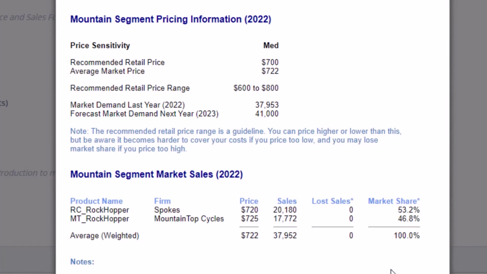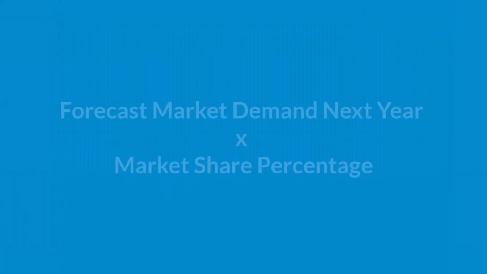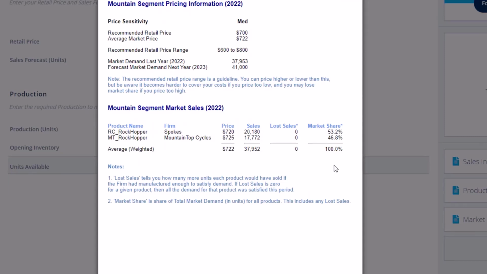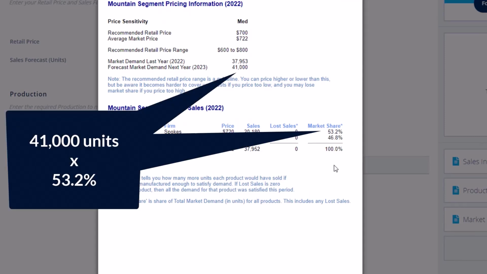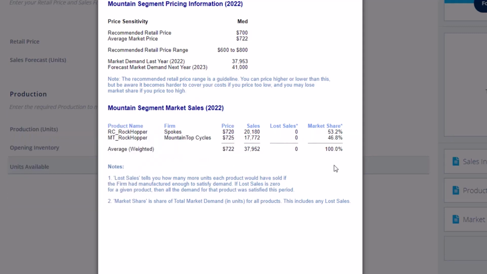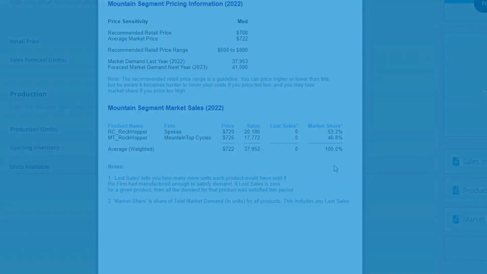So I will make my forecast using the following calculation. In this example, that will be 41,000 units multiplied by 53.2%, giving me a sales forecast of 21,812 units. This gives a good estimate of what I believe I will sell this year.